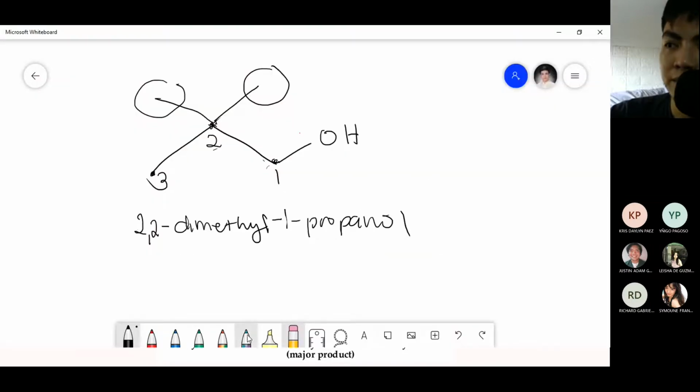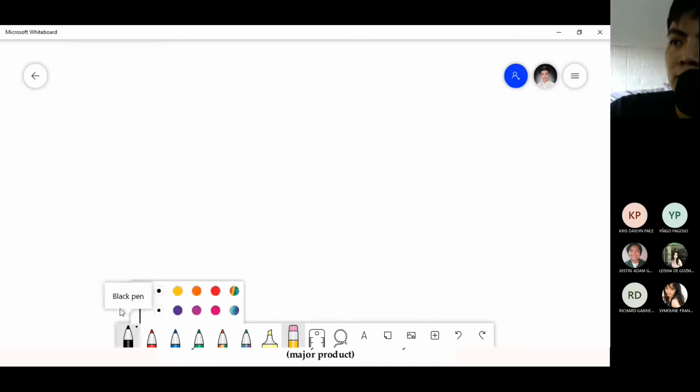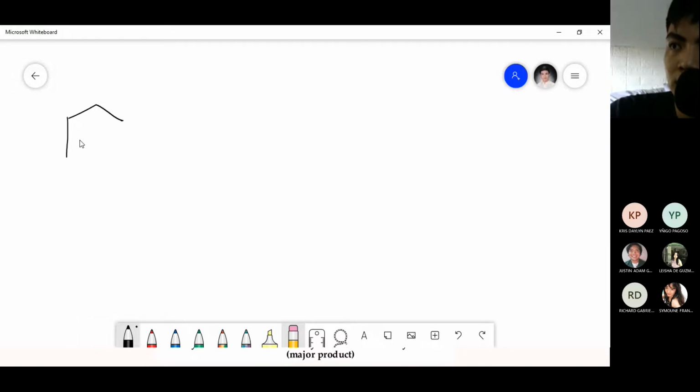So, dito tayo. So, again, to begin with, we have this. Okay? So, 1-methyl cyclohexanol.